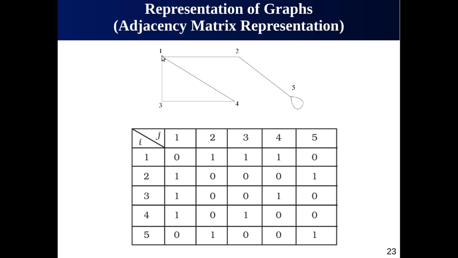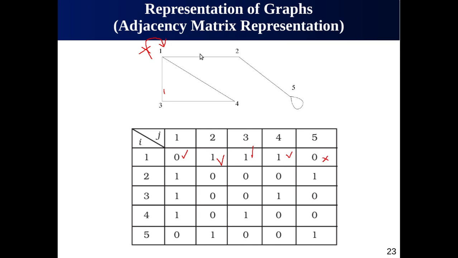If there is an edge from 1 to 1, then the value will be 1, otherwise 0. We do not have it, therefore the value is 0. We have a line from 1 to 2, so the output is 1. We have a line from 1 to 3, so the output is 1. We have a line which connects 1 with 4, the output is 1. We do not have a line which connects 1 with 5, so the output is 0.